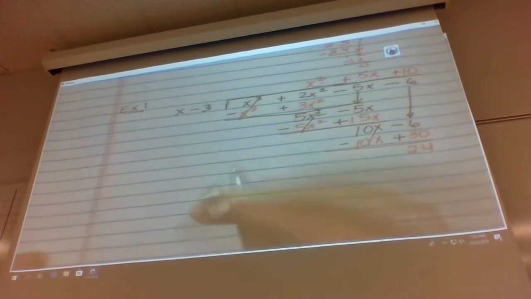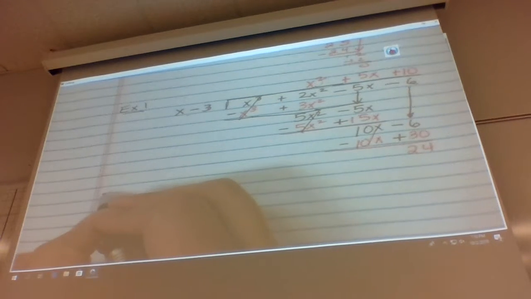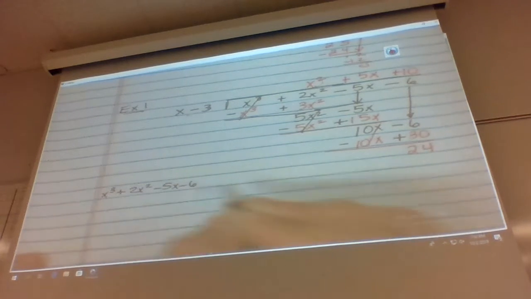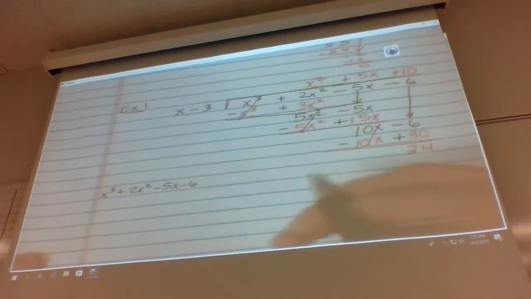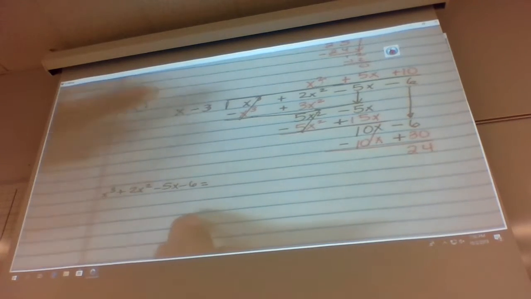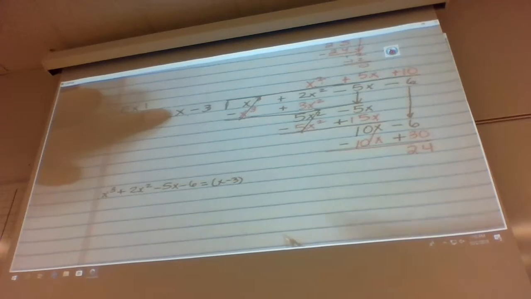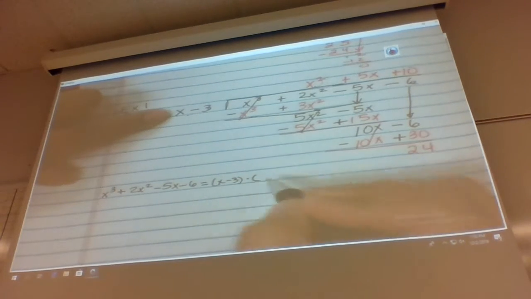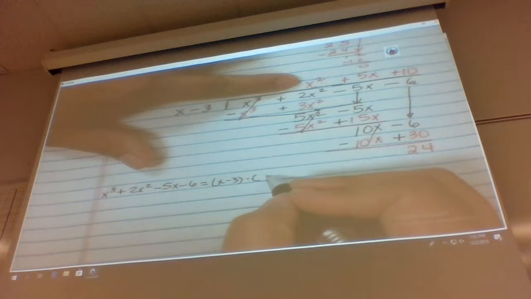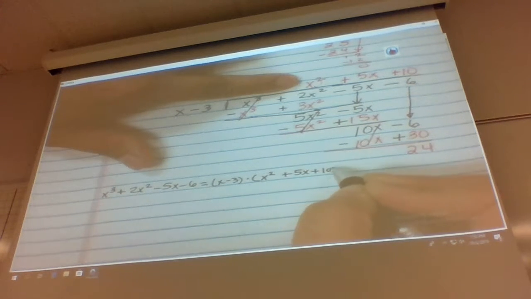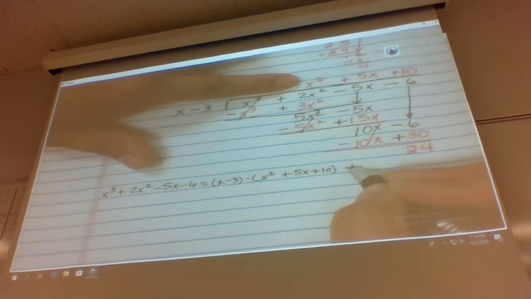My P of x, which is x cubed plus 2x squared minus 5x minus 6, is my answer, right? It comes from my divisor, which is x minus 3, times my quotient. Who's your quotient? x squared plus 5x plus 10, plus my remainder, which is 24.